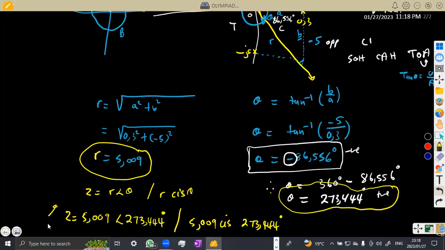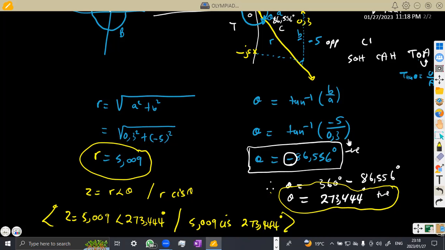I'm just saying this because sometimes they might ask you to write in polar form. It's not like the question is always calculate r. This is the polar form. That's how you write your answer in polar form.